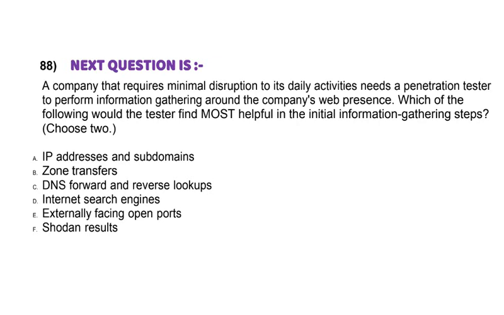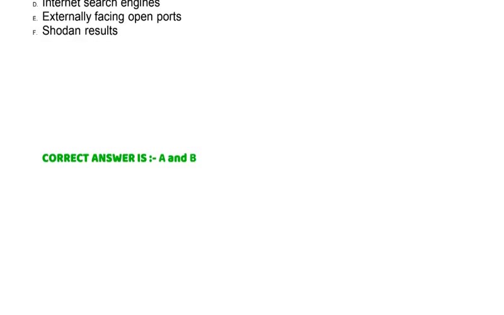Option A, IP addresses and subdomains. Option B, zone transfers. Option C, DNS forward and reverse lookups. Option D, Internet search engines. Option E, externally facing open ports. Option F, Shodan results. Correct answer is option A and option B.